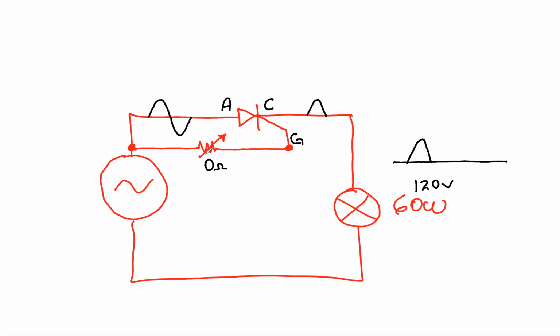Now, as soon as we start to increase, okay, something else, I'm just going to draw something else here. I will have to connect the capacitor here, but that's fine. I don't want you to get hung up with the capacitor for now. So now, as soon as I start to increase my resistance value, then I start to control when the SCR fires.